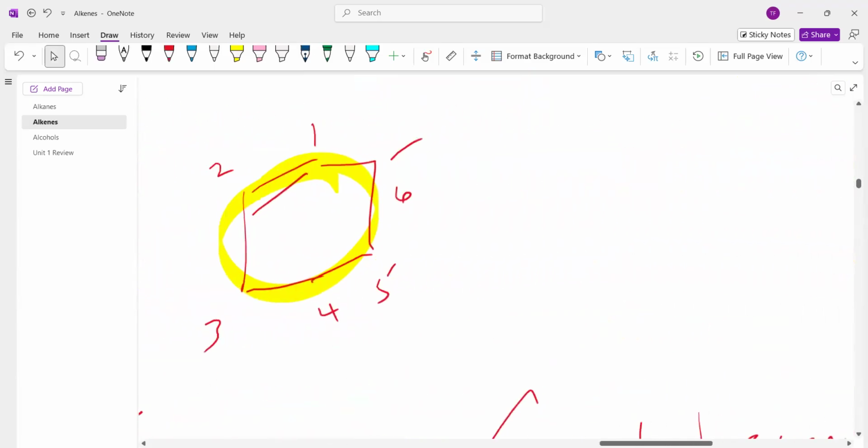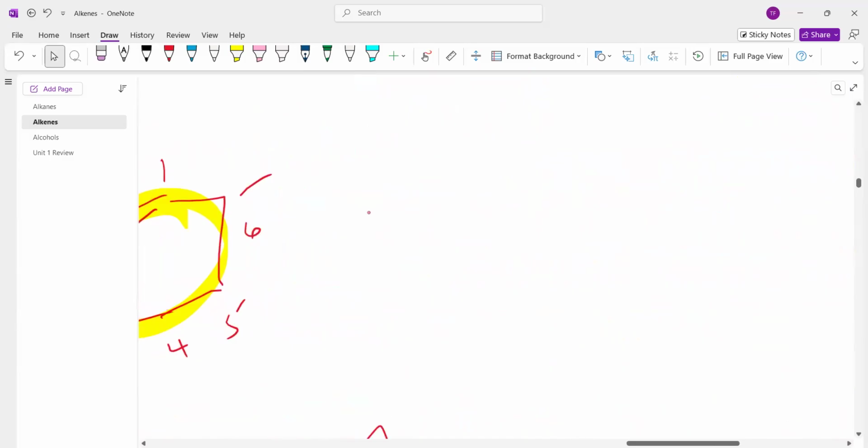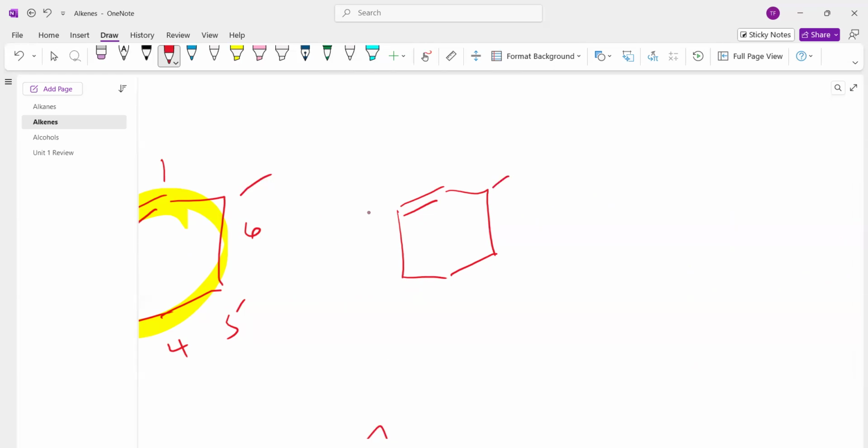Now, let's do another example here. Let's do this. Okay, so backbone, 6-membered ring, cyclic. So that's a cyclohexane.